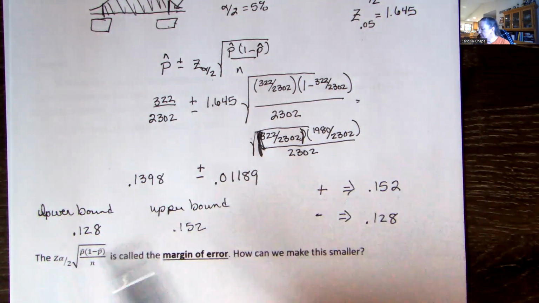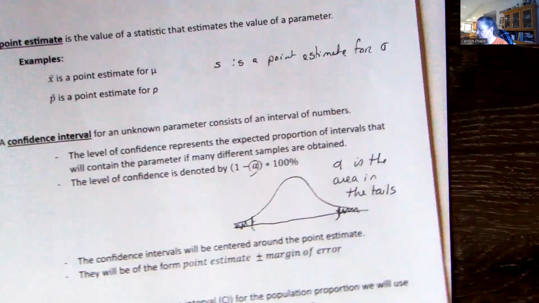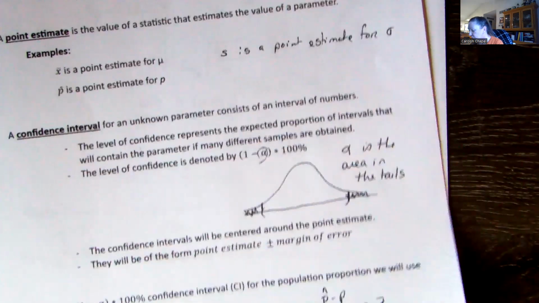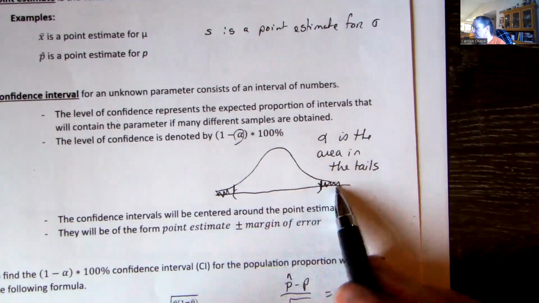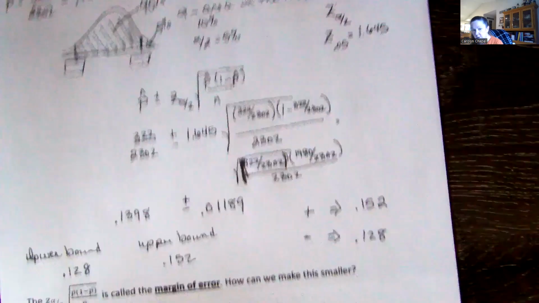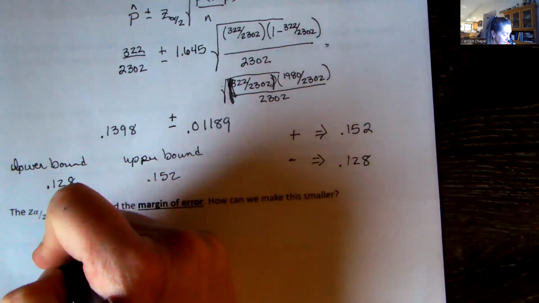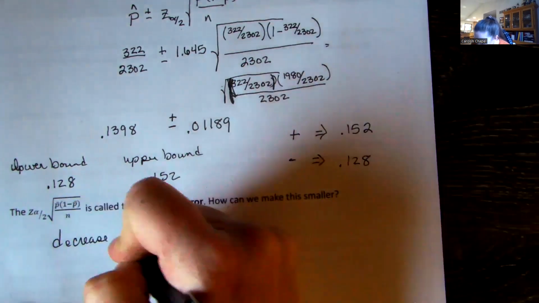So if I want to make my interval smaller, looking at my picture, I have to make this area bigger, which means I'm going to decrease the confidence level.